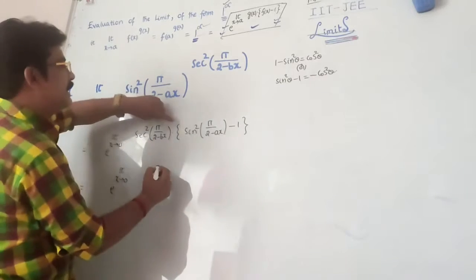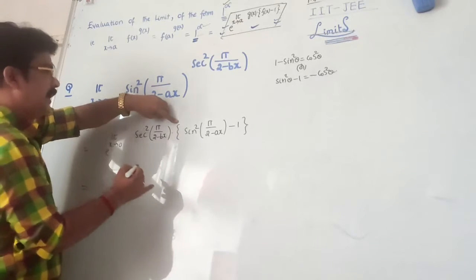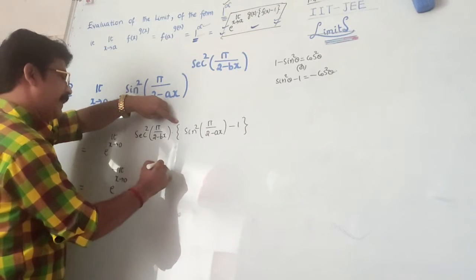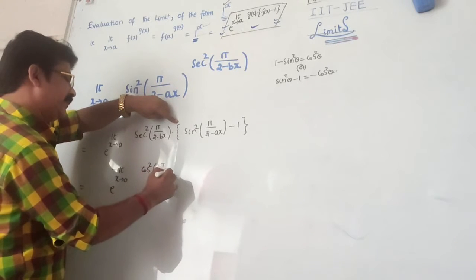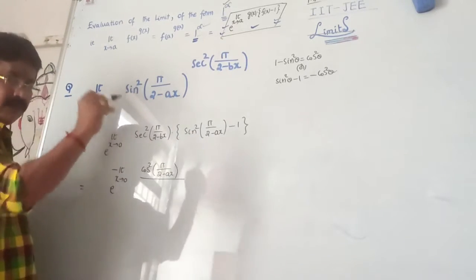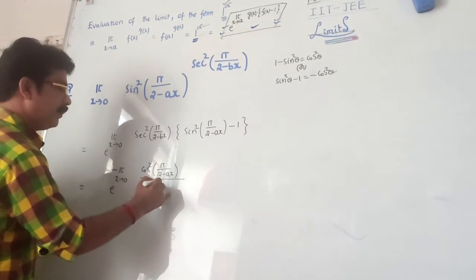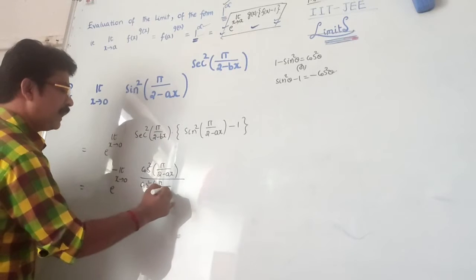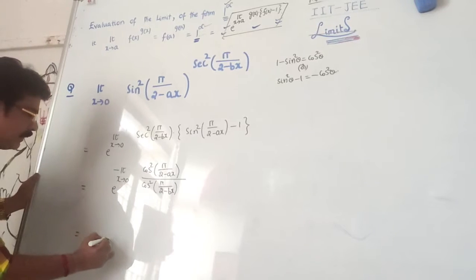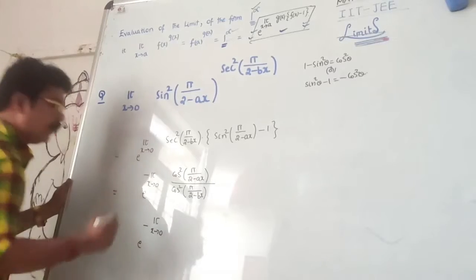So therefore, this bracket can be written as minus, I will put minus outside, minus cos square of pi divided by 2 minus ax, whole divided by, secant square theta is equal to 1 by cos square theta, so cos square of pi divided by 2 minus bx. So that is equal to e power minus limit x tends to 0.